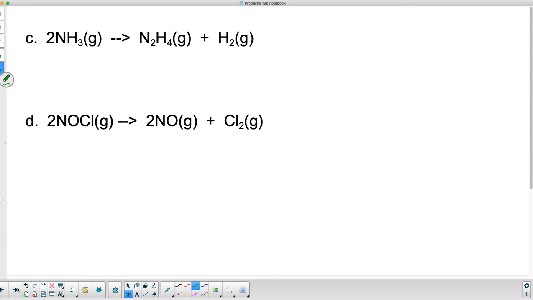For letter C, I'm doing the same thing, except this time hydrogen is the only thing that is 0. So let's start off with our products minus reactants.